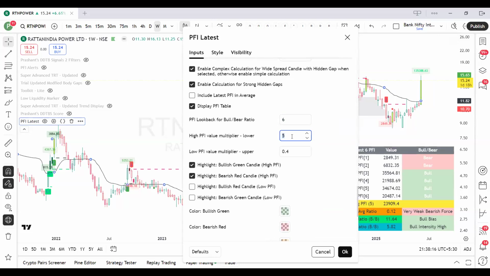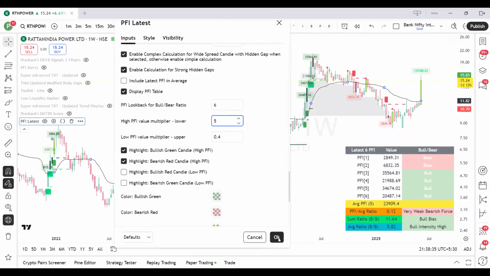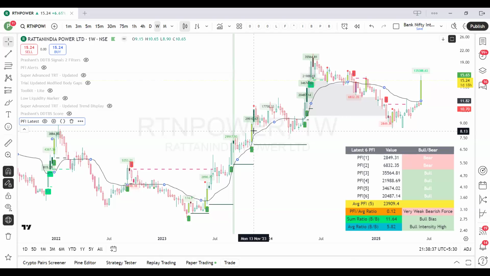So if I make it 15 or 50, this will disappear. This is not 50 times. If I make it 10, it still does not appear. It is appearing. That means it is more than 10 times the average PFI. So this way, I have kept it at 5 to identify which are the important significant numbers. You can change this and you will be able to see how much PFI rise is seen.